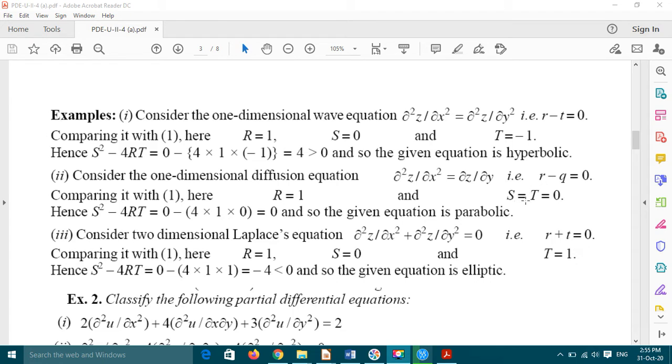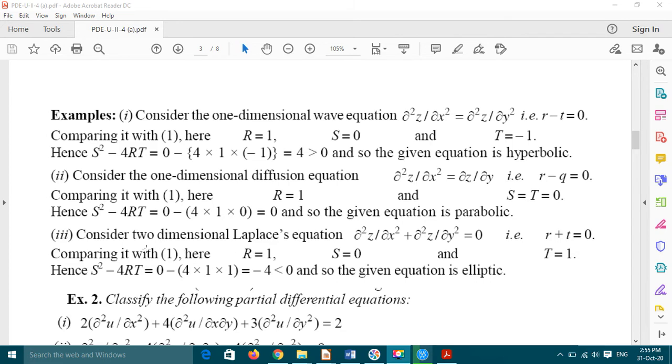It means capital S and capital T are 0, and the coefficient of r is 1, so capital R is 1. Now we compute the value of s² − 4rt. The value of s is 0, minus 4 into the value of r, which is 1, and the value of t, which is 0. So we get 0. It means the one dimensional diffusion equation is parabolic.